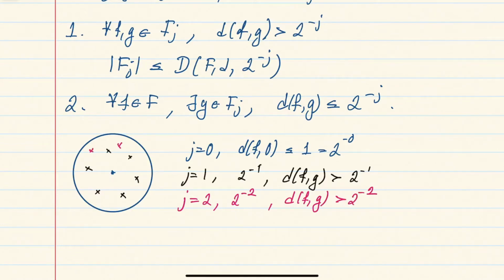And then you continue this process for a general scale 2 to the minus j. You keep finding functions at a distance strictly bigger than 2 to the minus j from the previous functions until you can no longer find them, and then the second property is automatically satisfied.